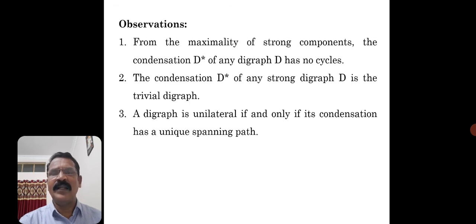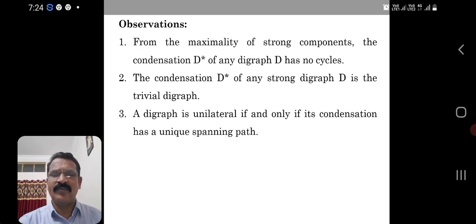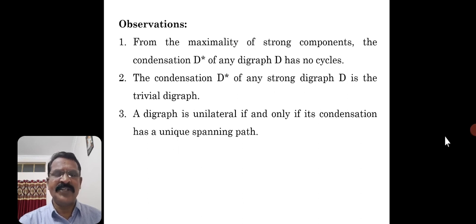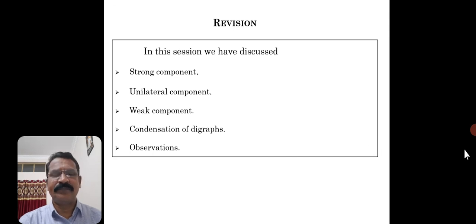A path containing all vertices of the digraph. There must be all vertices, and there must be a path from u to v. Then that will be a unilateral digraph. So a digraph is unilateral if and only if its condensation has a unique spanning path. So these are the observations.